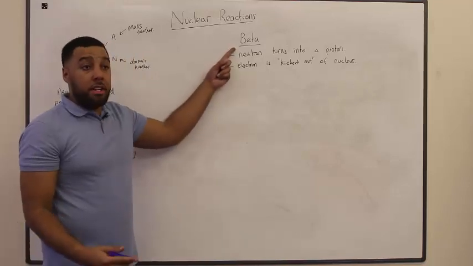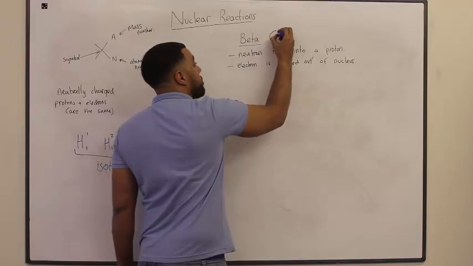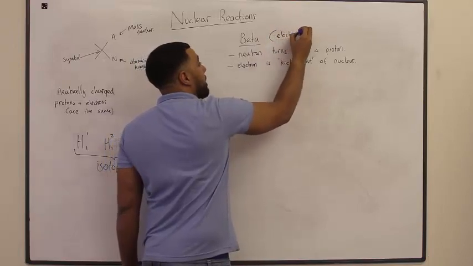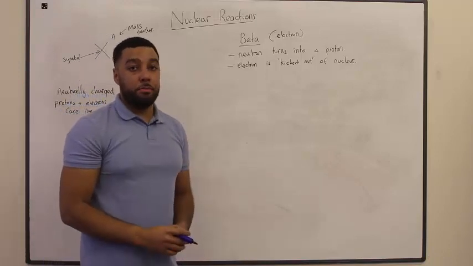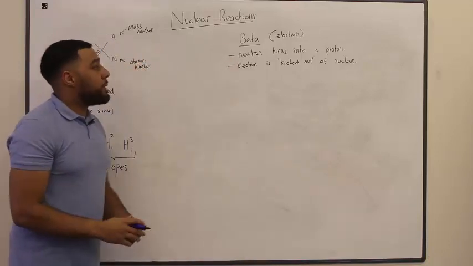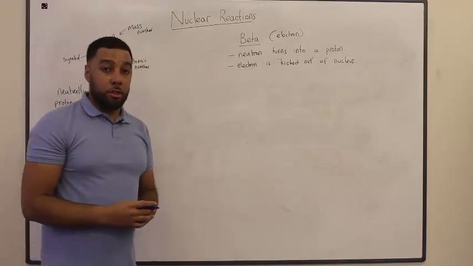So beta radiation, or a beta particle, is basically just a fast-moving electron, an electron that's been emitted from the nucleus. So let me give you guys some examples of beta decay using the equation.